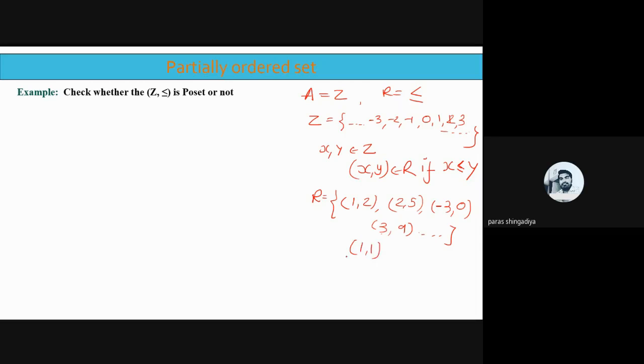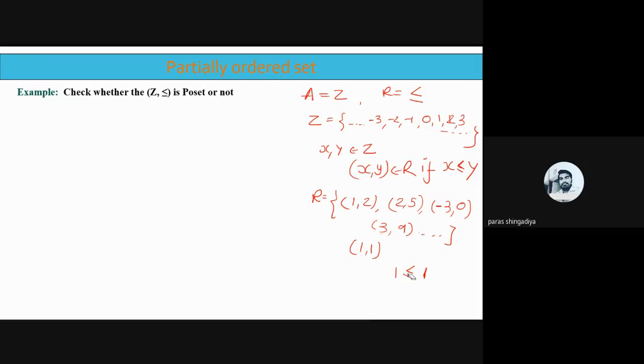You can also include (1, 1). Why is (1, 1) also there? Because the less than or equal to condition is mentioned here. If I remove the equality and it is strictly less than, then (1, 1) will not exist there. Here it is 1 less than or equal to 1. Why is it valid? Because less than or equal is mentioned in this condition.